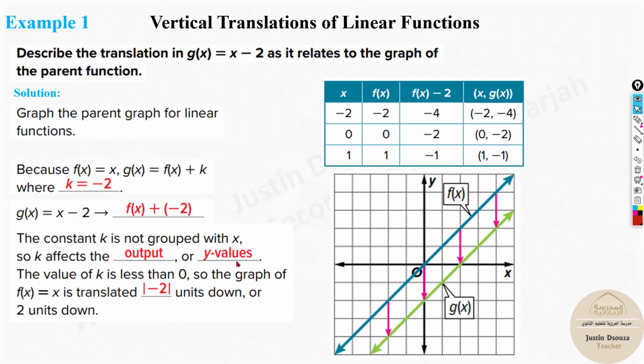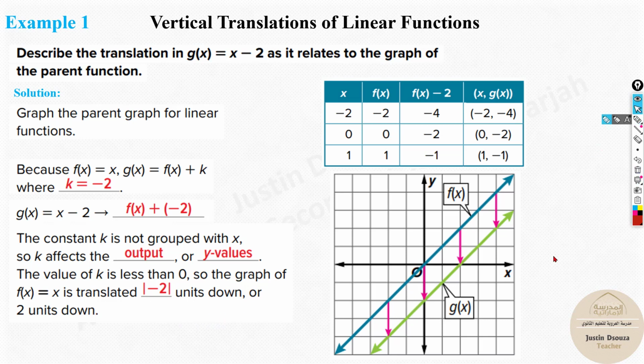The k affects the output of what values? It's not the x, it's the y axis, right? So the y values, that is very, very important. Here you write magnitude of negative 2 because it's moved down by a distance. So we just use the magnitude symbol because it's distance. That's how we write it.